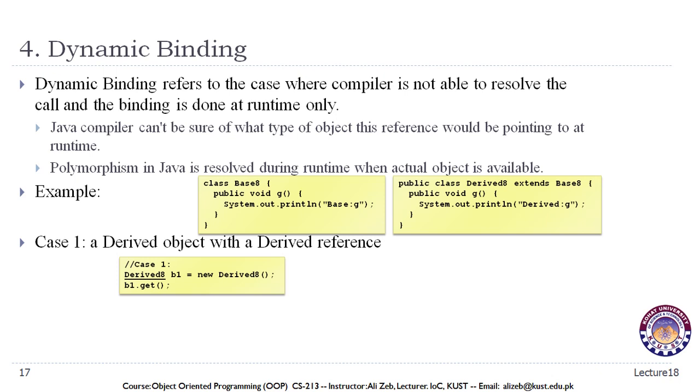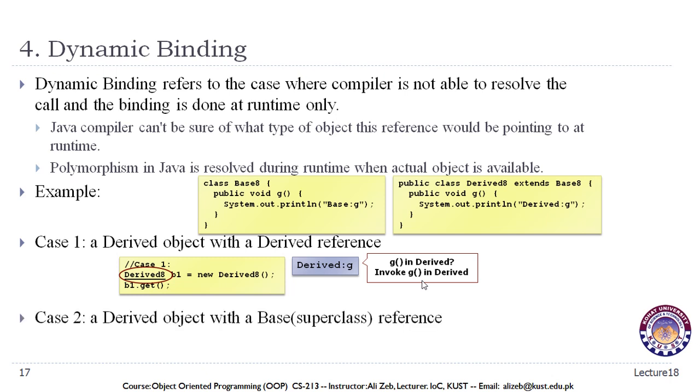For example, we have object p1, an object of the derived class, and we are declaring it with the derived class's reference. When we call the g method with this object, we know which method should be called, and this is the output you should be getting: 'invoke g in derived', because we are using the subclass's reference.